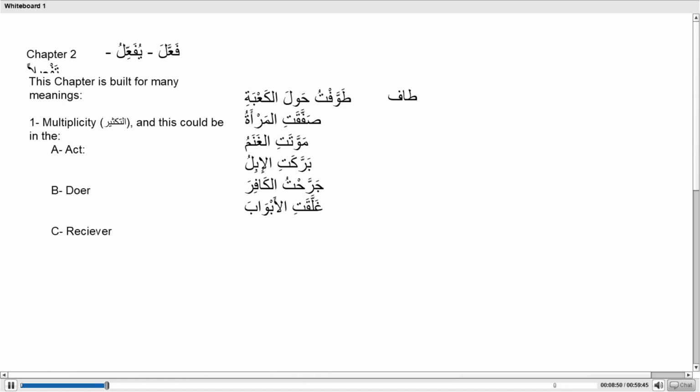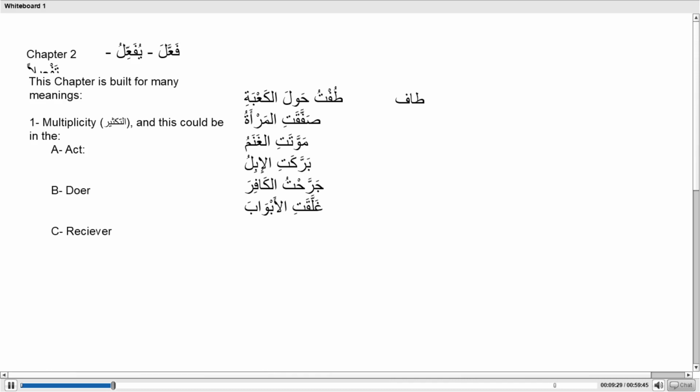Now, طفت, if you say طفت حول الكعبة, what would it mean? You went around the Kaaba. أليس كذلك؟ Yes.